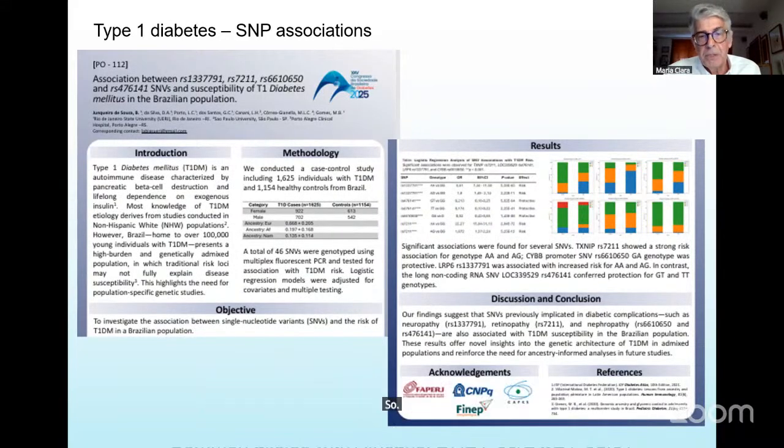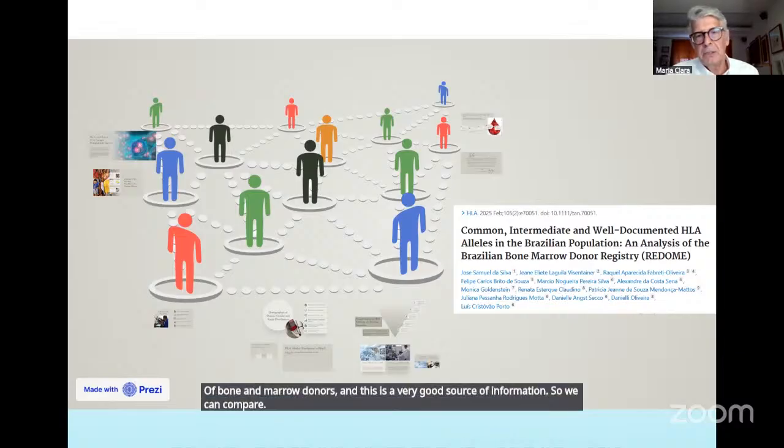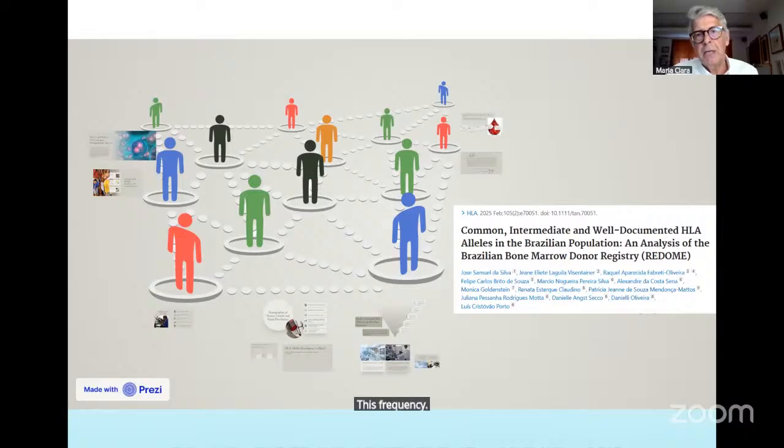So we hope we have this information consistently compared to the Brazilian HLA to do a manuscript in the next month. So I will leave the message that in Brazil we have this facility, the Brazilian registry of bone marrow donors, and this is a very good source of information, so we can compare the frequency of these alleles and haplotypes.